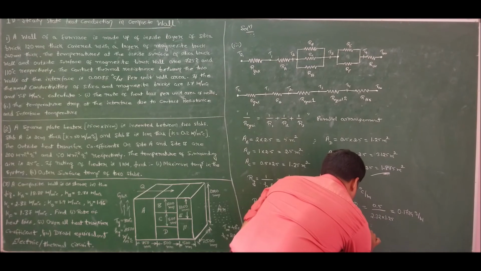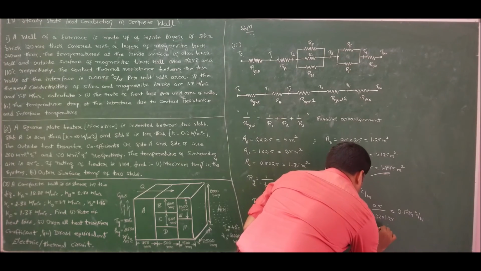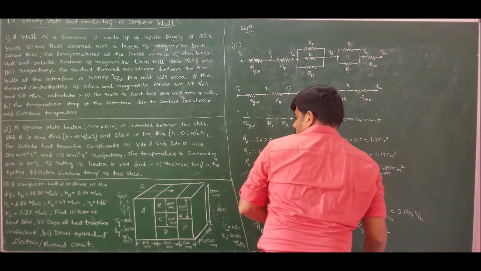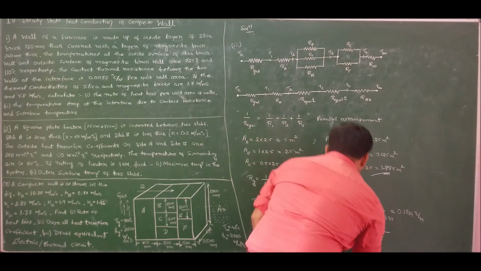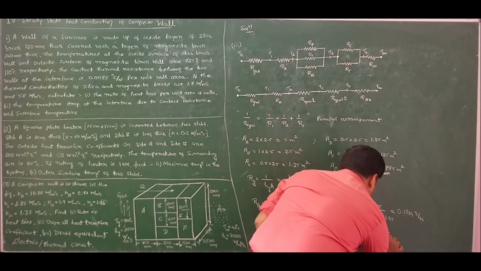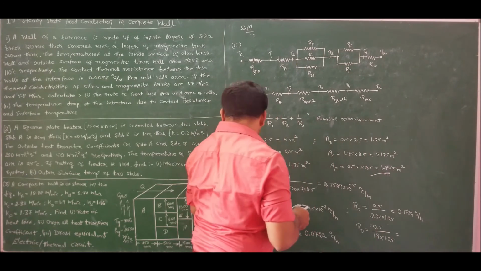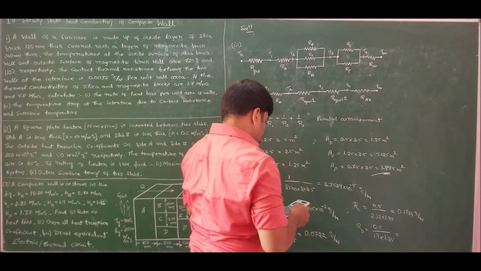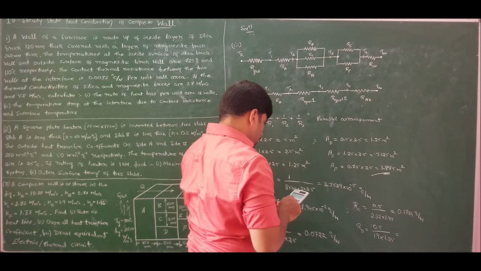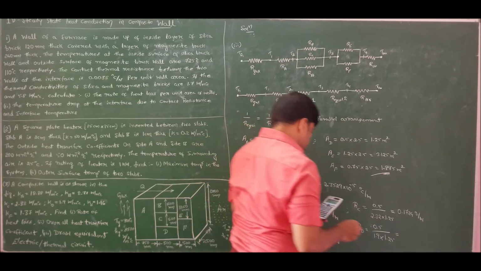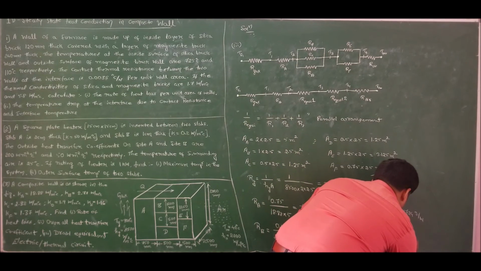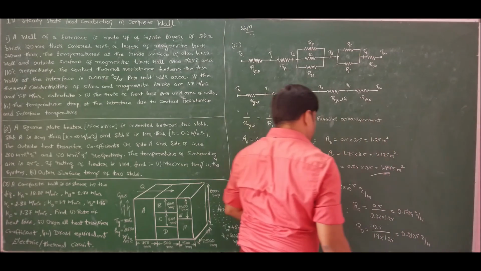Coming for RD, it is also 0.5 by thermal conductivity 1.9 into its area 1.25. That is 0.5 by 1.9 into 1.25, which is 0.2105 degree Celsius per watt.